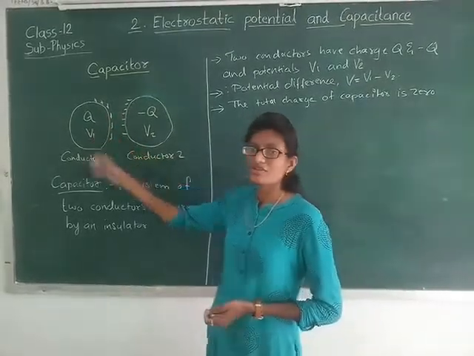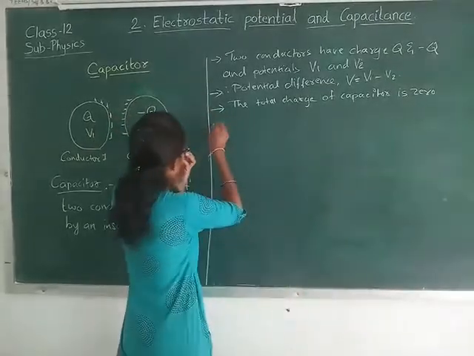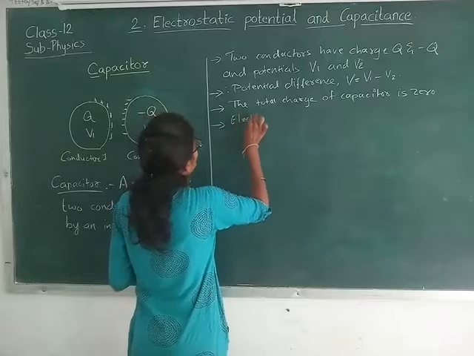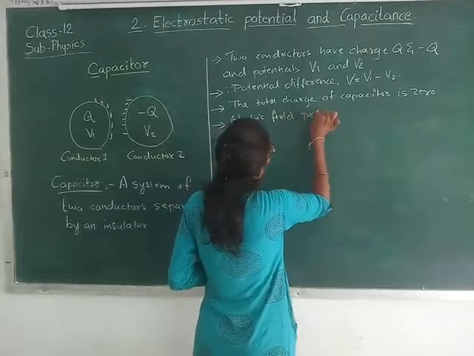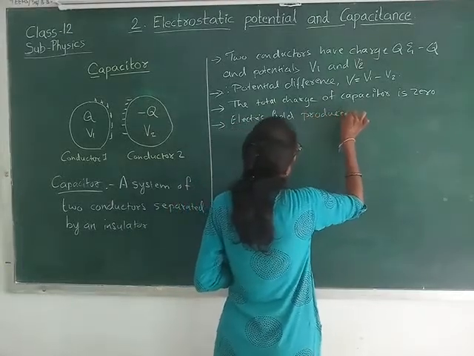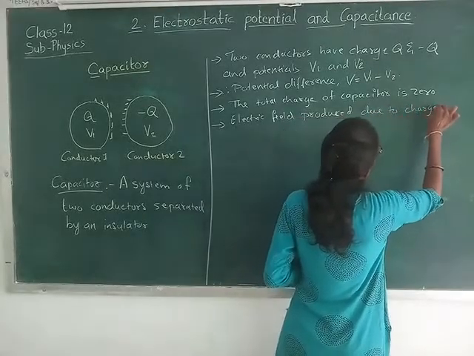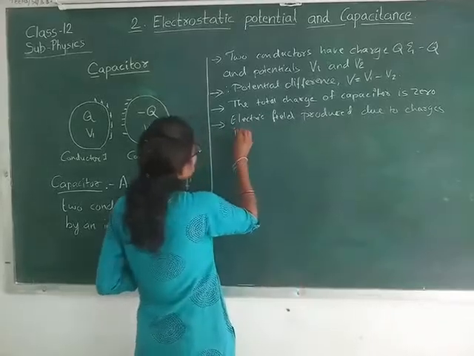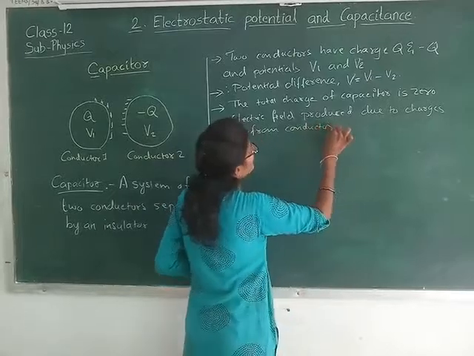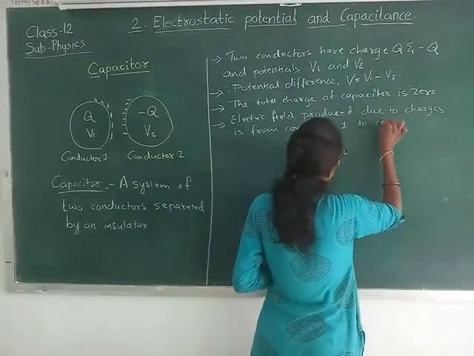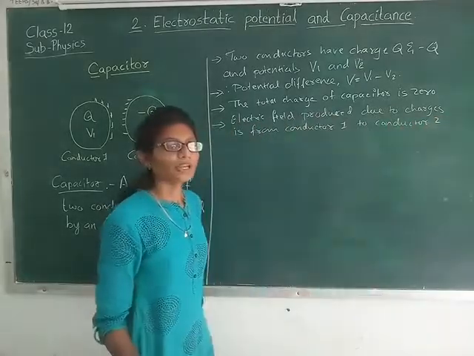That is, the electric field produced due to charges is from conductor 1 to conductor 2, right?